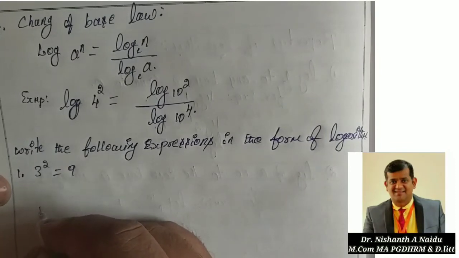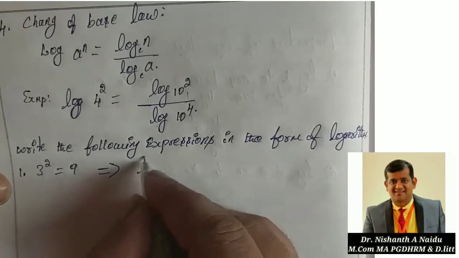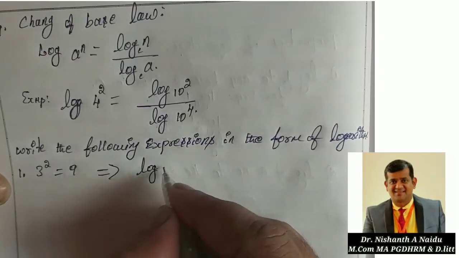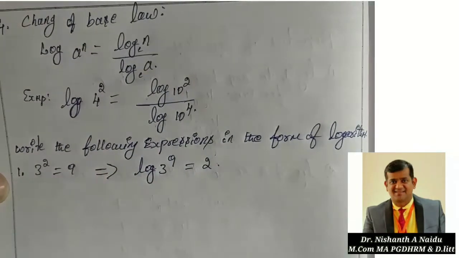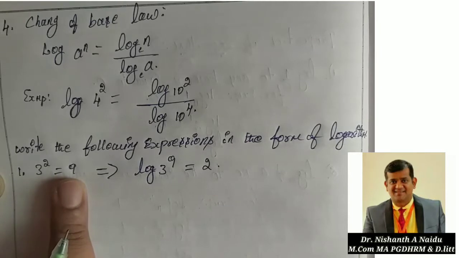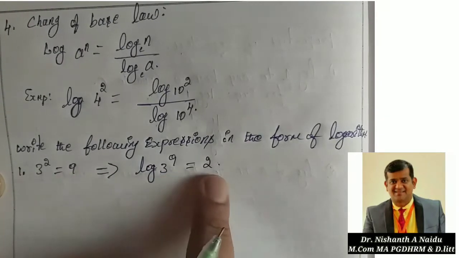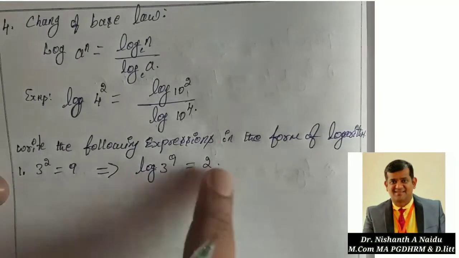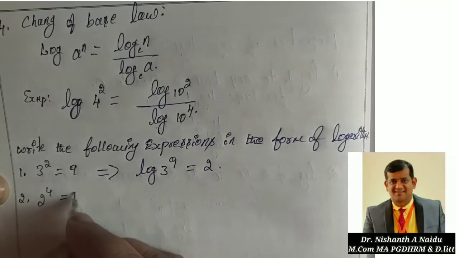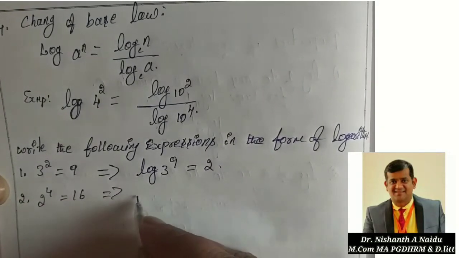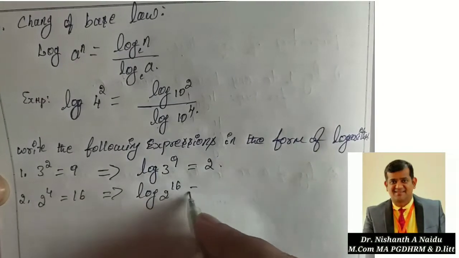How are we going to write this in log form? Log 3 to the power of 9 is equal to 2. Just check: 3 to the power of 2 is 9, so log 3 to the power 9 is equal to 2. That is how we have to write. Able to understand, right? 2 to the power of 4 equals 16. That has to be written as log 2 to the power 16 equals 4.